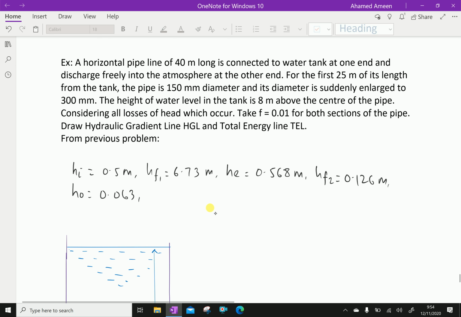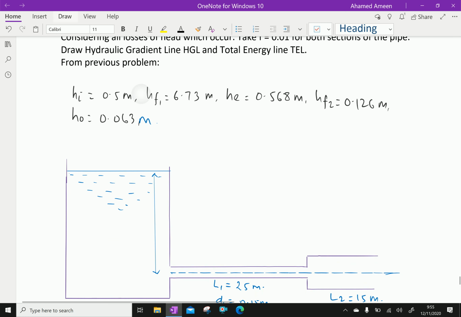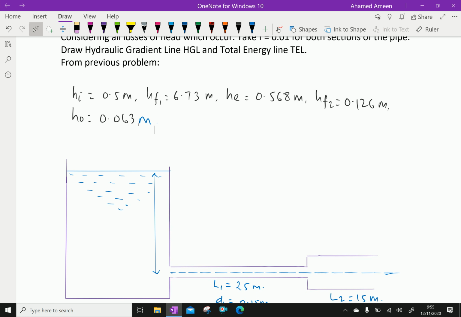Now we'll start the problem. First we'll draw the total energy line. Take a point A at the free level of the water.